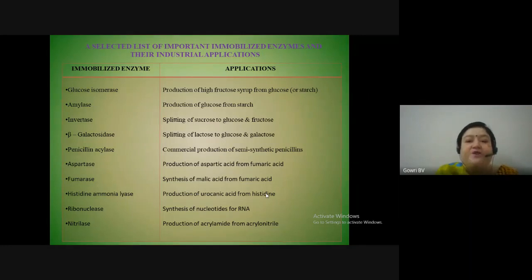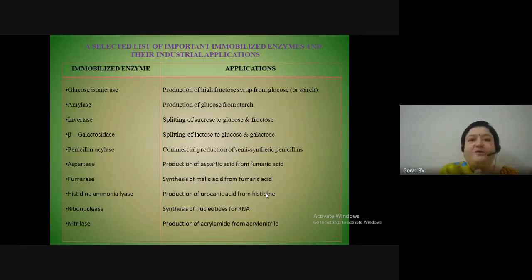Aspartase, production of aspartic acid from fumaric acid. Fumarase, synthesis of malic acid from fumaric acid. Histidine ammonia lyase, production of urocanic acid from histidine. Ribonuclease, synthesis of nucleotides from RNA, and of course nitrilase, production of acrylamide from acrylonitrile.